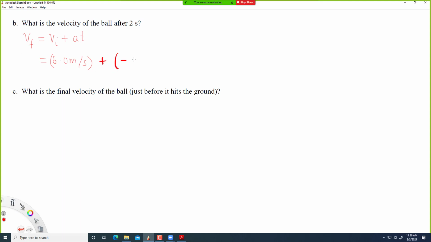Acceleration is negative 9.8 meters per second squared, and the time is 2 seconds. So do the math, and that will give you the final velocity.